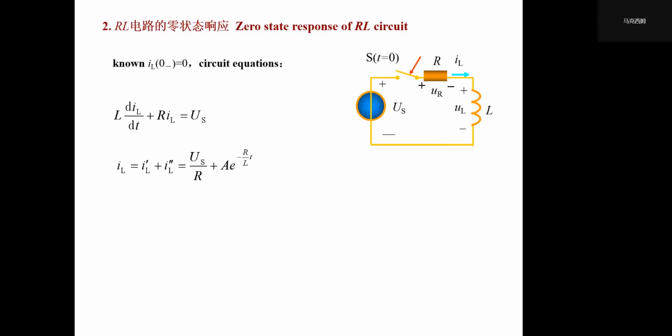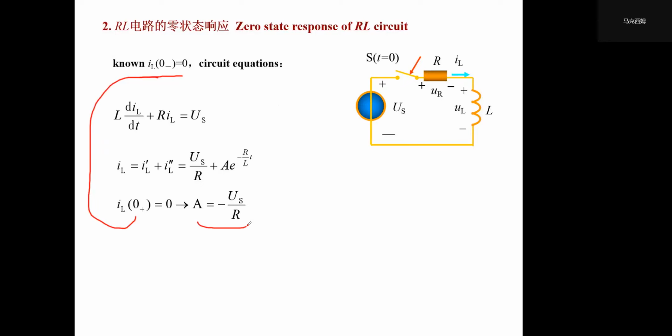Still, we can divide the solution into two parts: the special solution and the general solution. Since iL at 0 plus equals 0, because the current of the inductor cannot change suddenly, it must be equal to 0. So we have this coefficient A equals minus US over R.